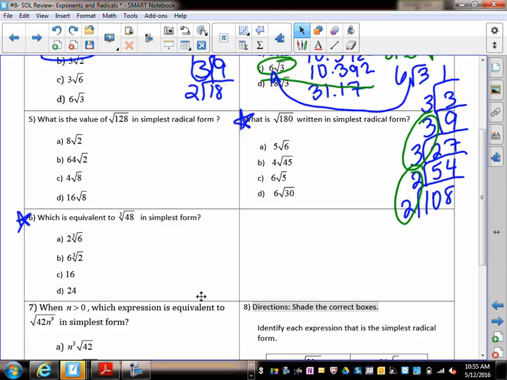So we should be working on these two now. I don't think we did it yet.